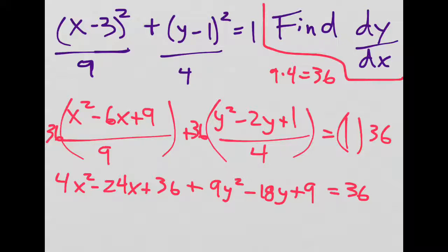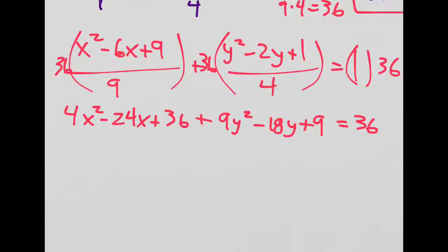And now that I have it written fully expanded like that, I can go ahead and use the power rule and implicitly differentiate this function. So let's do that. The derivative of 4x squared is 8x minus the derivative of 24x, which is 24.